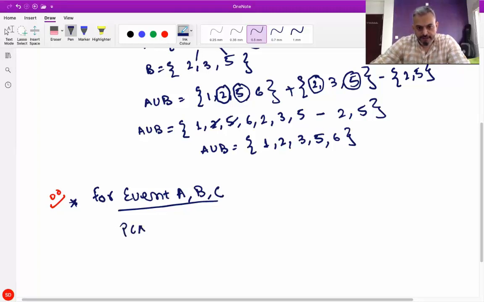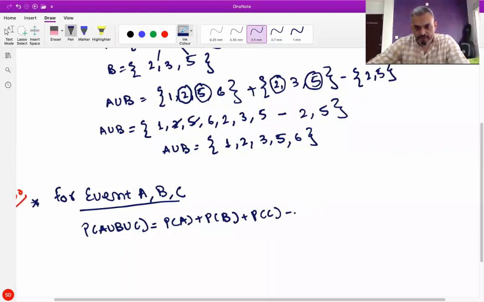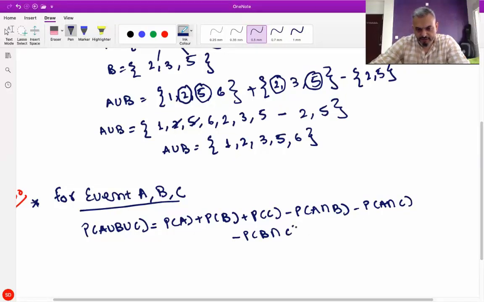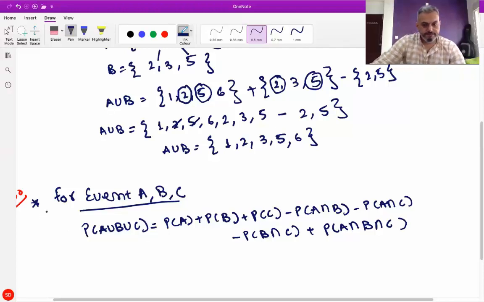So probability of A union B union C is equal to probability of A plus probability of B plus probability of C minus probability of A intersection B minus probability of A intersection C minus probability of B intersection C plus probability of A intersection B intersection C. Please write this.